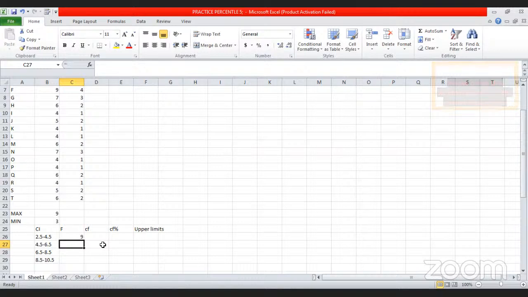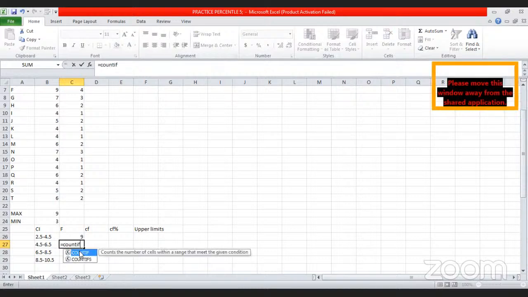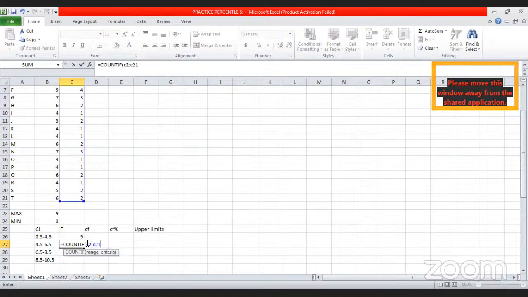Is it clear? Yes, ma'am. Okay. Now again I have to calculate the COUNTIF, the range, that is C2 to C21, comma 2, bracket close, enter.